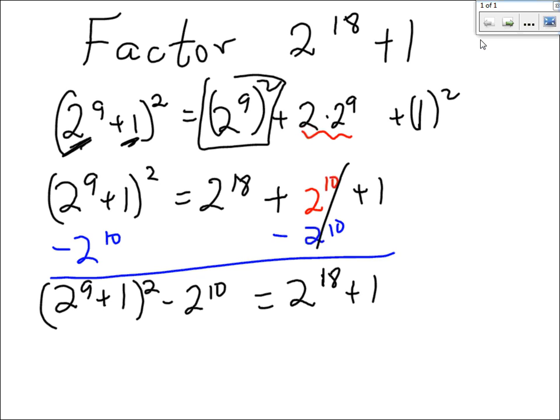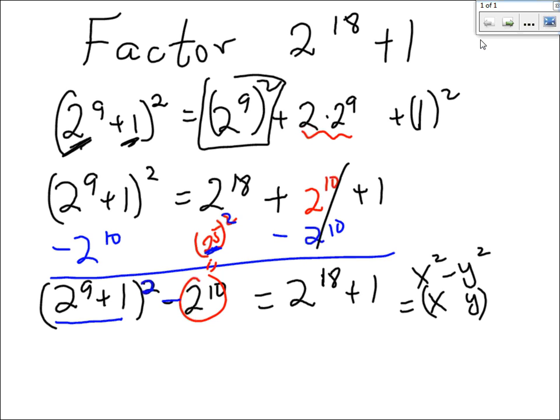Now, what you need to realize is that 2 to the 10th is 2 to the 5th squared. So now I have something squared minus something else squared. And when you have x squared minus y squared, write it down twice in brackets.